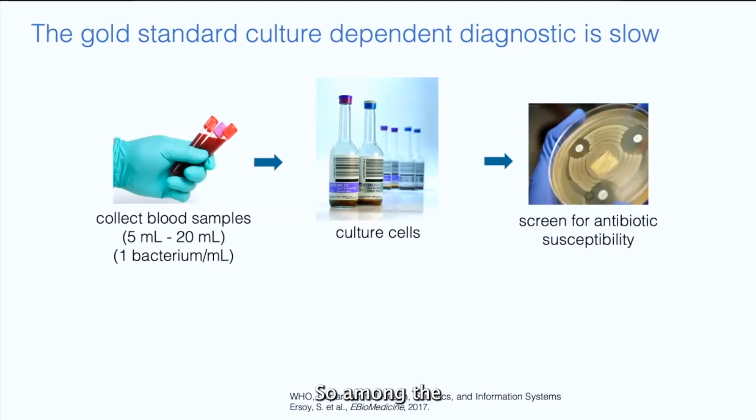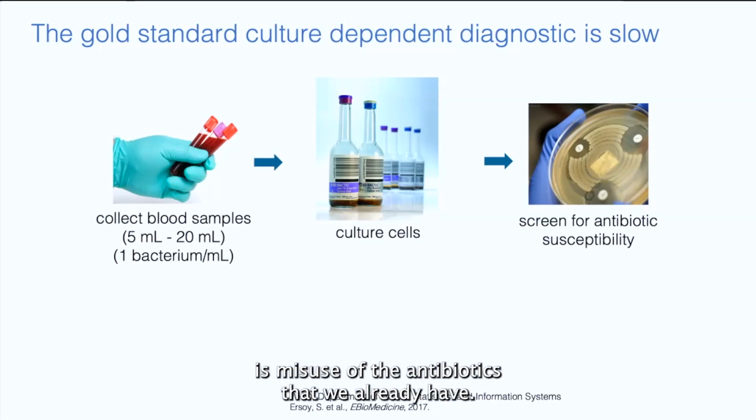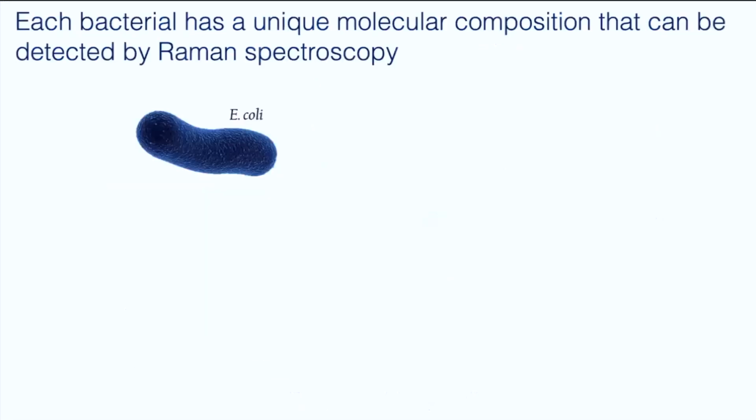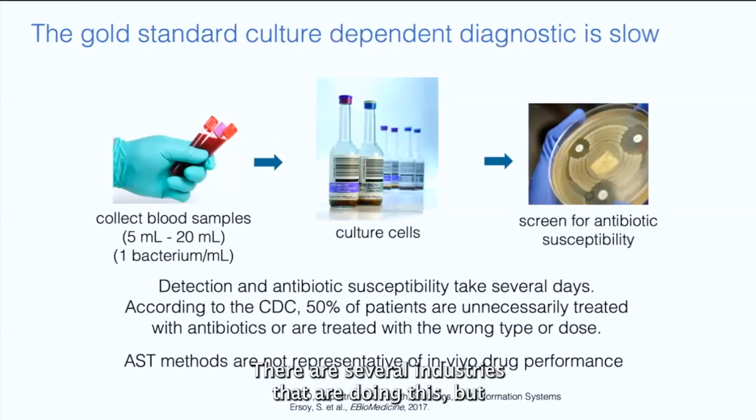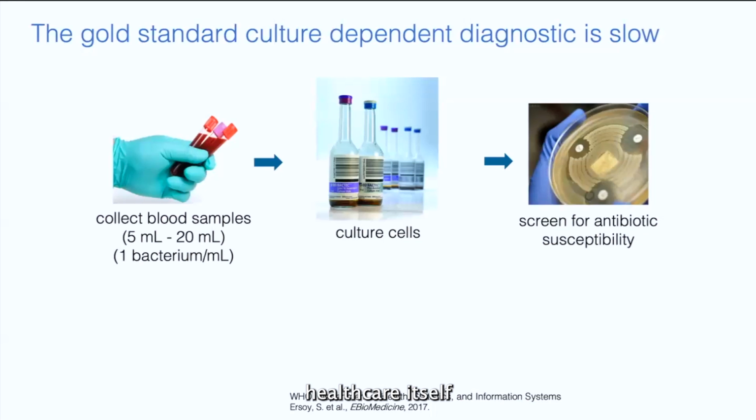So among the issues that are resulting in antibiotic resistance is misuse of the antibiotics that we already have. There are several industries that are doing this, but healthcare itself is facing the same issue.